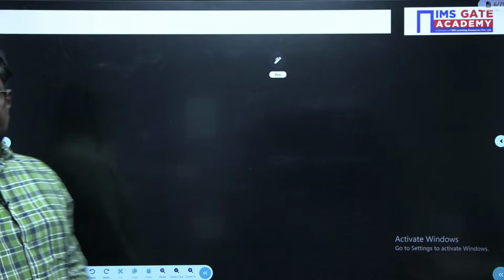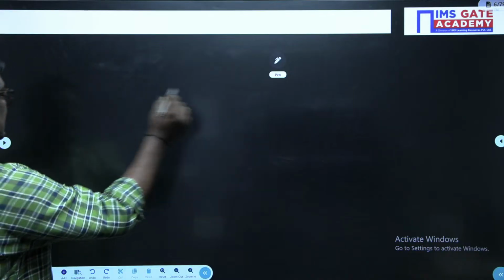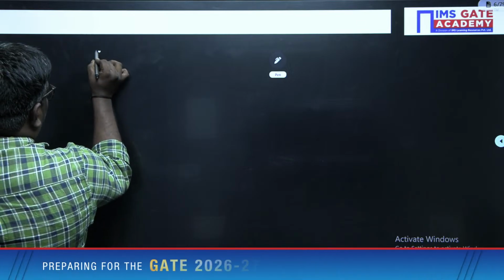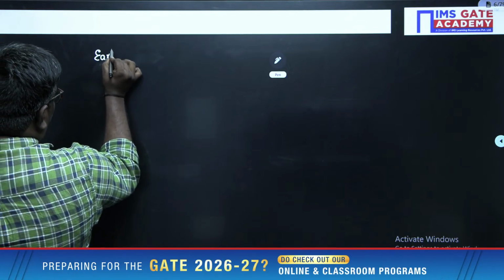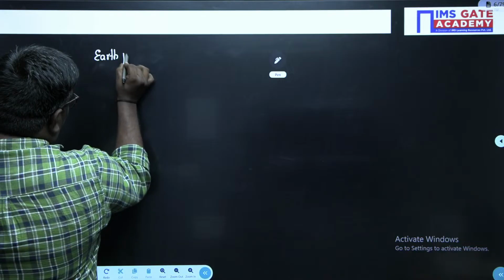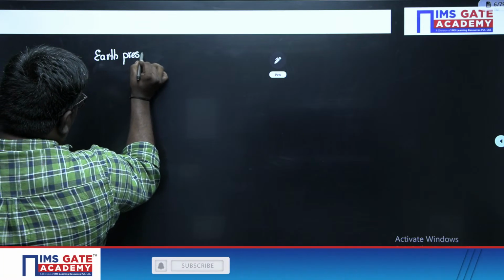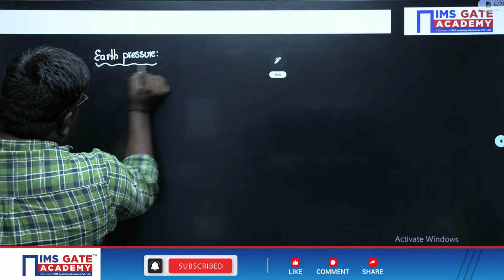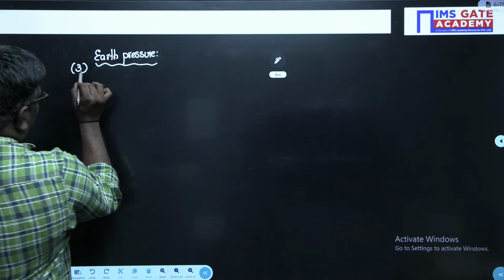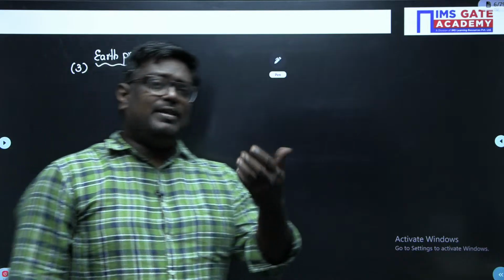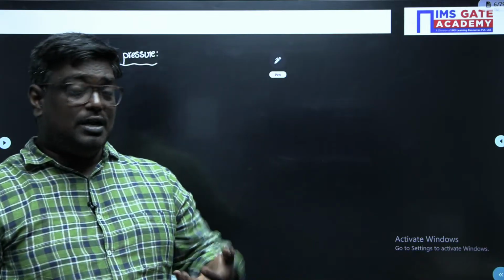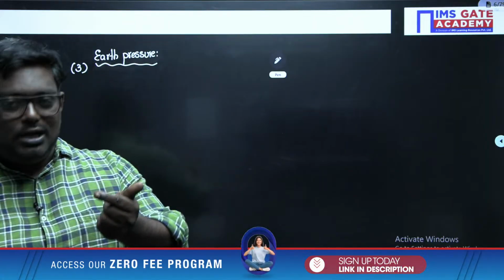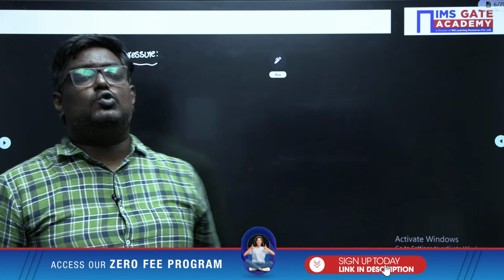Now, my dear students, if I talk about case 3, the earth pressures calculation, here we have the earth pressure formulas. This is the third step. The third step you can do is multiply the coefficient of earth pressure with the total stress, and you will get the earth pressure. But there is a little bit of a twist when there is a cohesive soil.